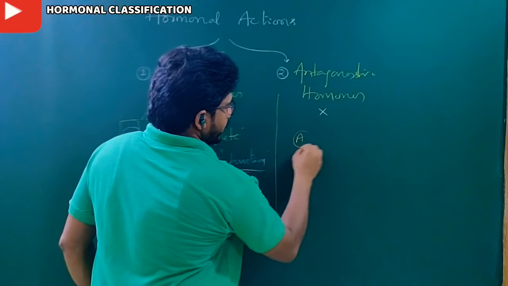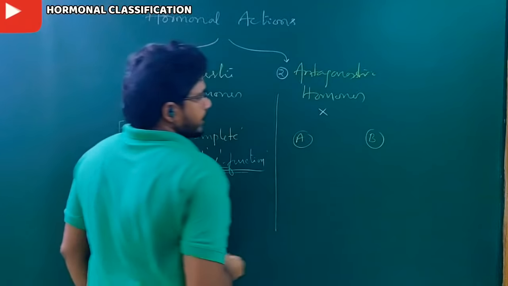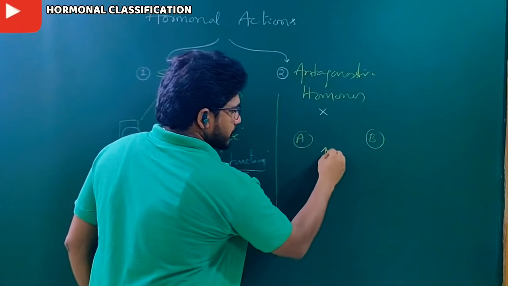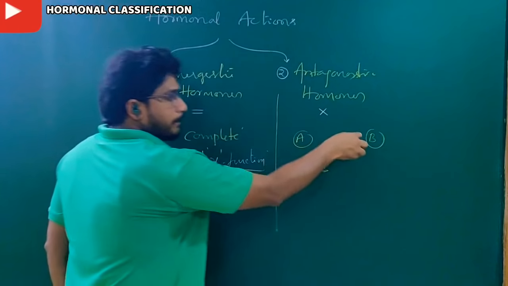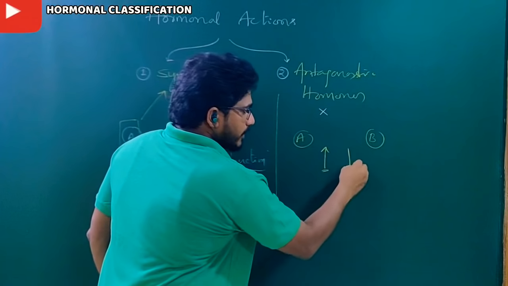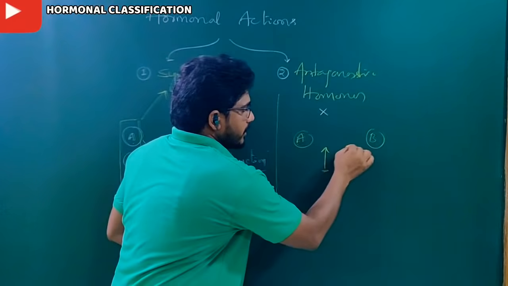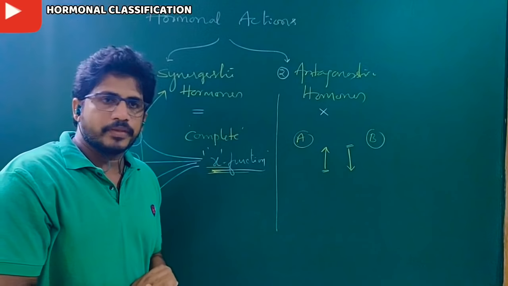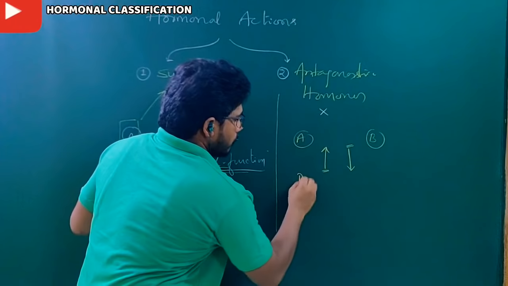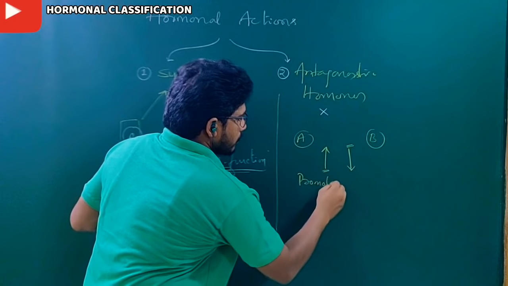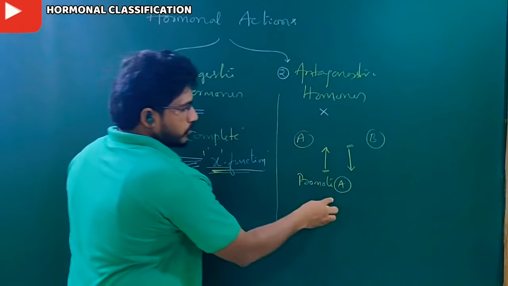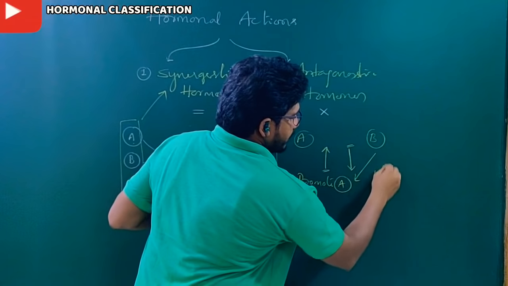On the other hand, there are antagonistic hormones. Here hormone A and hormone B are there. If a hormone helps in the production, synthesis of a particular hormone, and the other hormone is against its production, meaning it decreases its production, so A promotes and B inhibits.